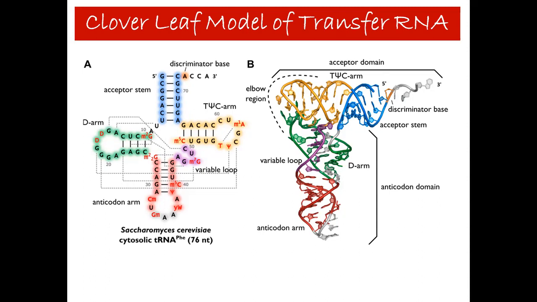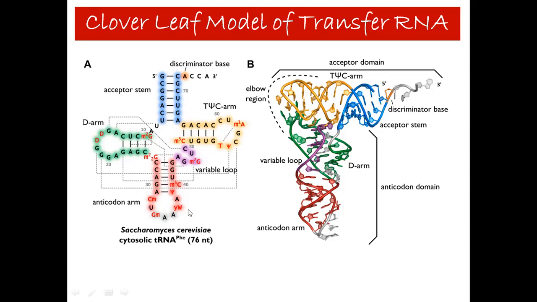the range. The clover-leaf model of tRNA, the secondary structure, consists of 4 stems and 4 loops. You can see here 4 stems, 1, 2, 3, and 4, and 4 loops, 1, 2, 3, and 4. The 4 stems are actually double helix, stabilized by hydrogen bonding between the bases, and 3 of the 4 stems have loops.